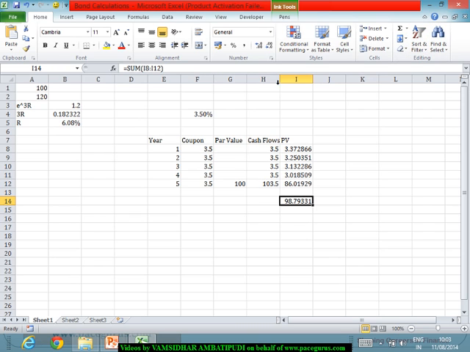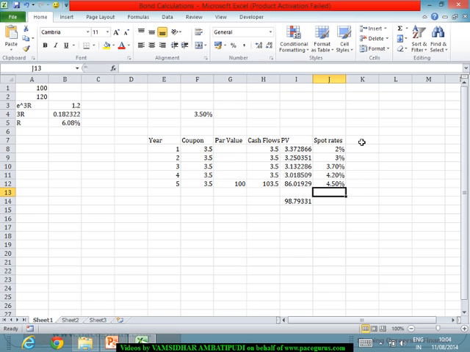But on the other side, if I know the zero coupon bond rates, we'll see slightly later where I get them from, but if I know the zero rates or the spot rates, I'm assuming some numbers for the time being. Say 2% is the 1 year spot rate, 3% is the 2 year spot rate, 3.7% is the 3 year, 4.2% is for 4 years, and 4.5% is for 5 years.